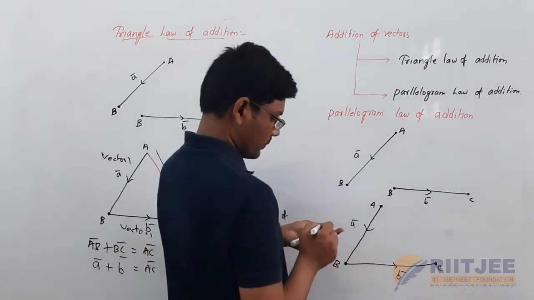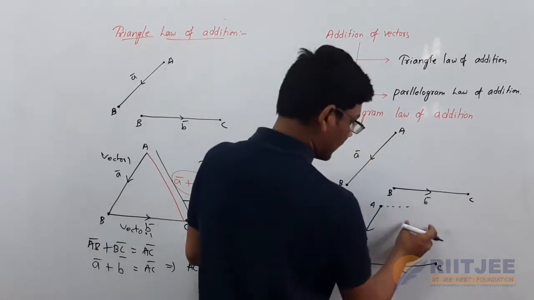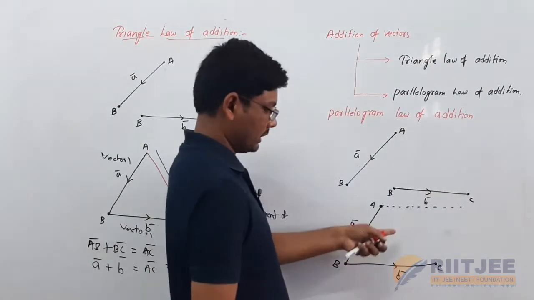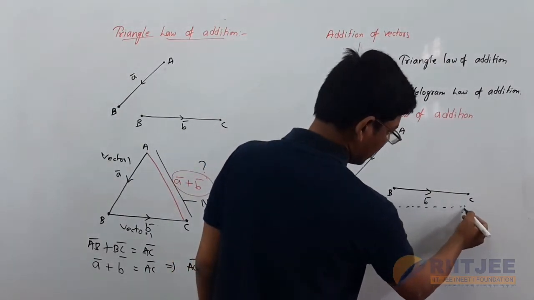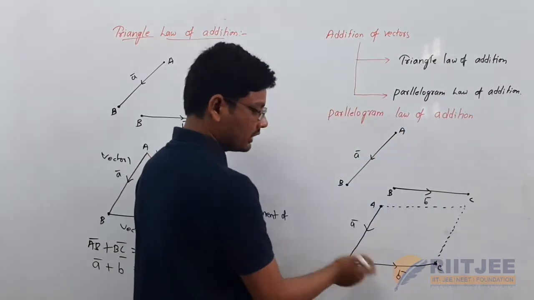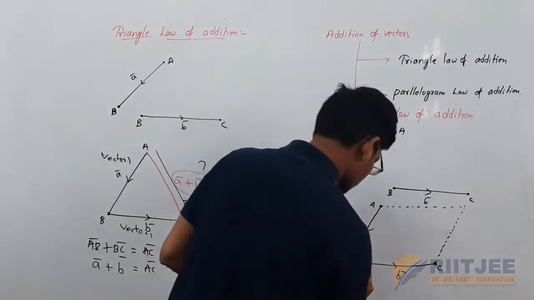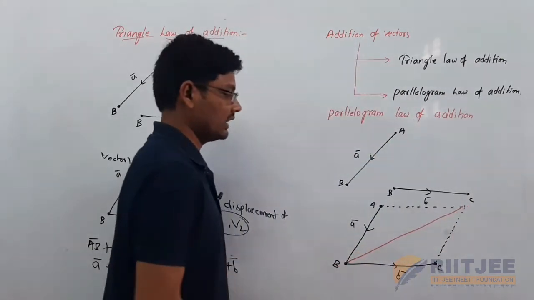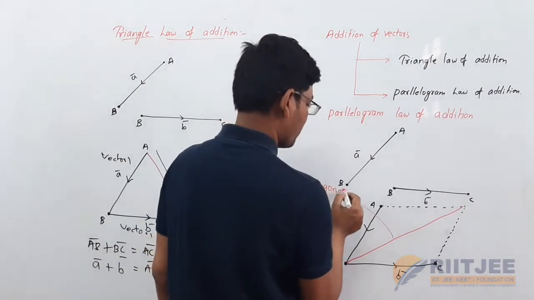Now if you extend this, the line parallel to BC and the line parallel to AB can intersect each other. The resultant of these two vectors is the diagonal of the parallelogram.